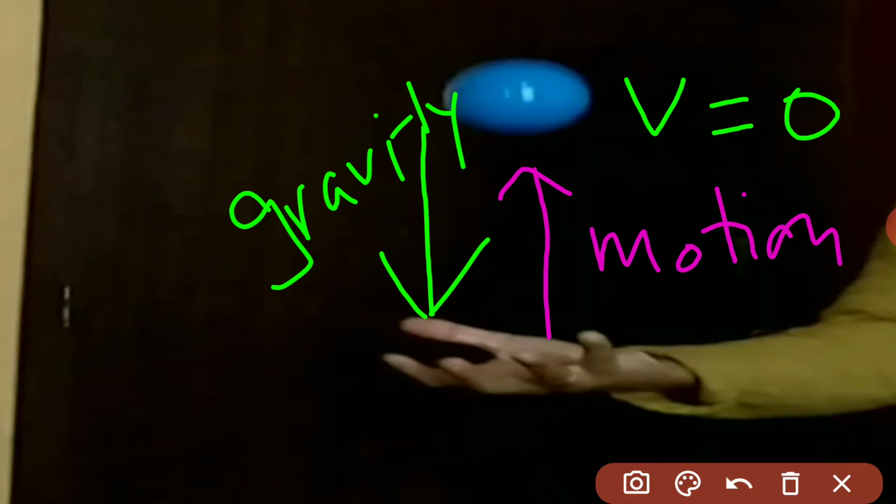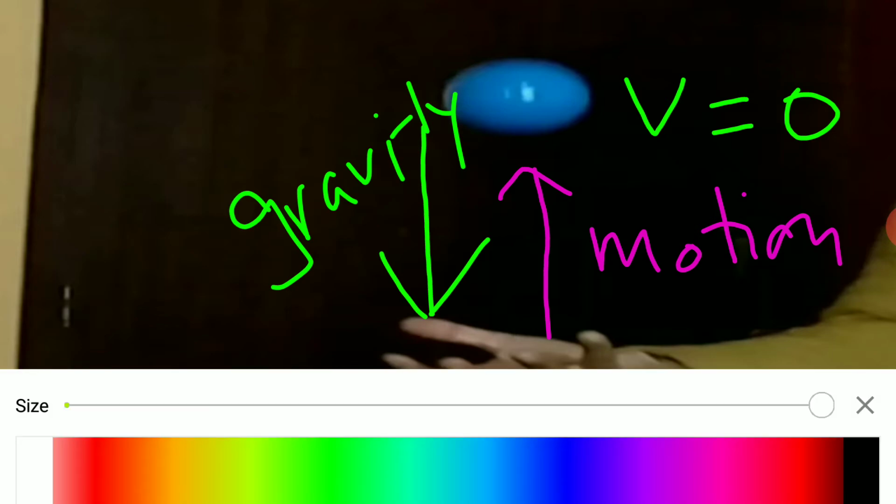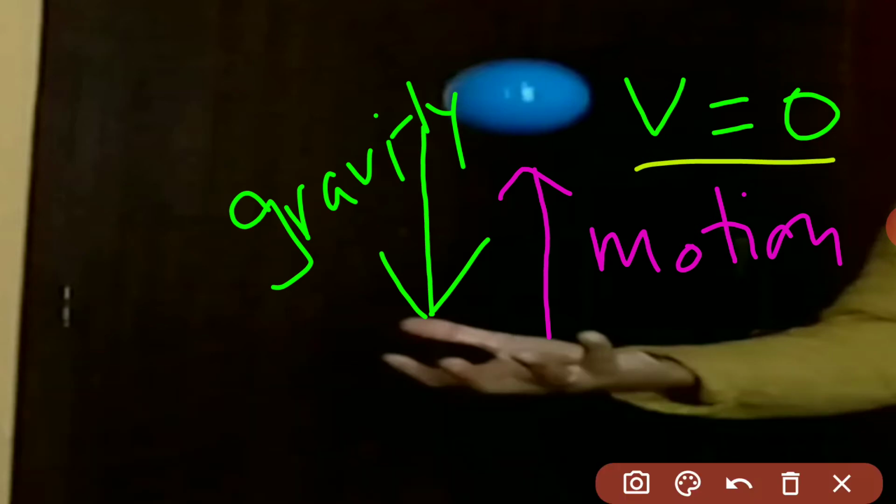So here you can see this particular question can be divided into two parts. One is the upward motion, the next one is the downward motion. For the upward motion, my final velocity is 0 because the ball stops and then comes back, right? The initial velocity I am supposed to calculate, whose value I don't know.